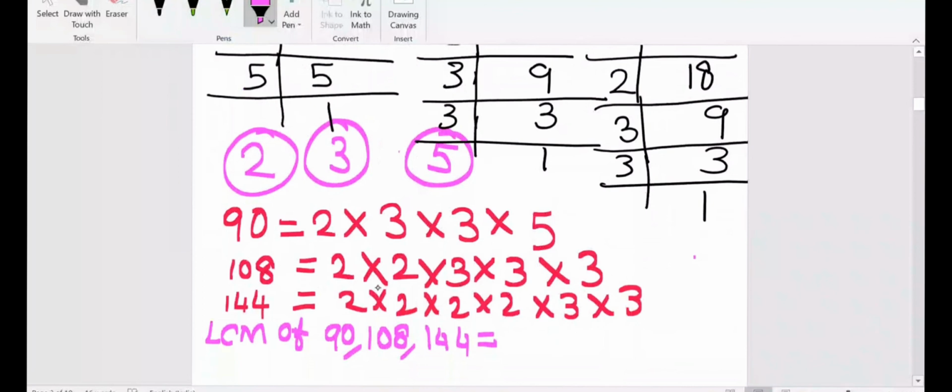For 90, 2 came only one time, so we cannot take it. For 108, 1, 2, we cannot take it. For 144 we see 1, 2, 3, 4. 4 times it came for 144, so we should take this only: 4 times.